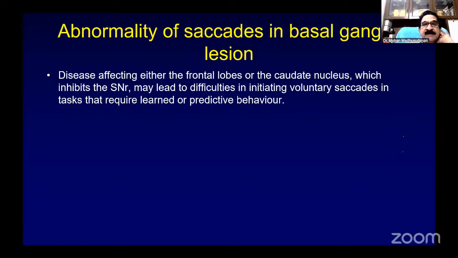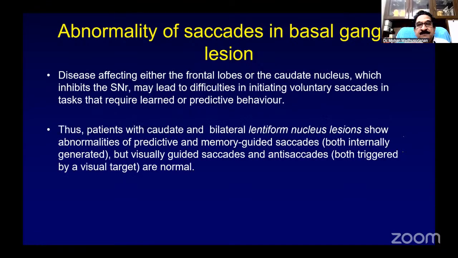This is affecting either the frontal lobes or the caudate nucleus, which inhibits the SNR, mainly due to difficulties in initiating the voluntary saccades in tasks that require learned and predictive behavior. Thus, patients with caudate and bilateral lentiform lesions show abnormalities of predictive and memory-guided saccades, that is, the internally generated ones, but visually guided saccades and anti-saccades are normal or unaffected.